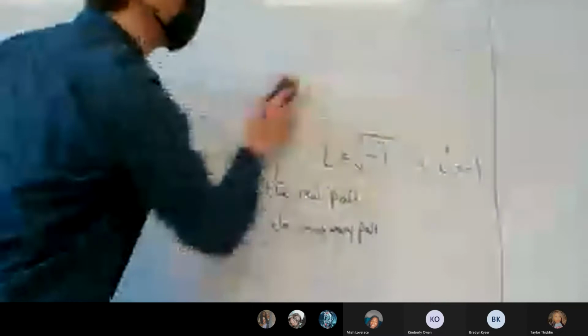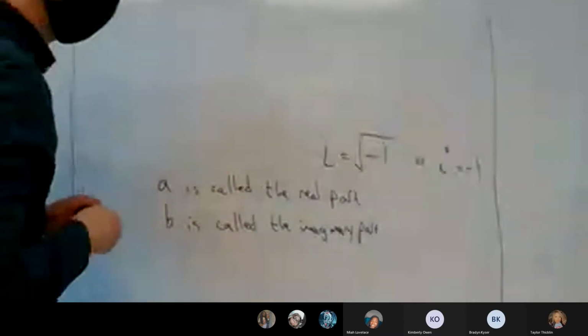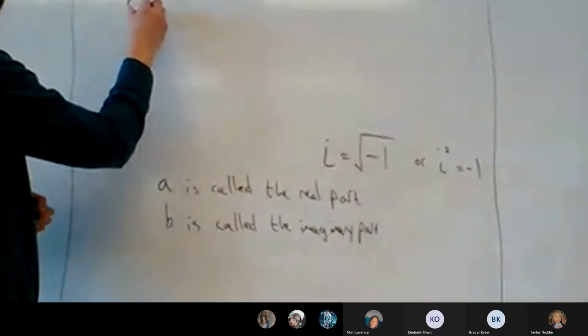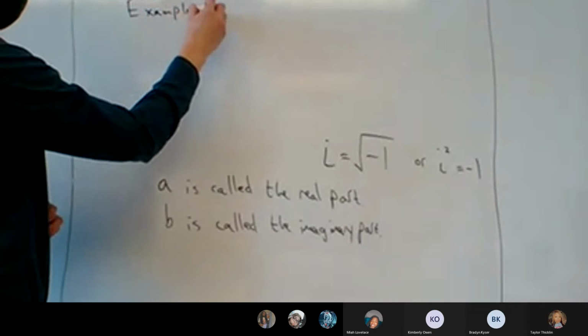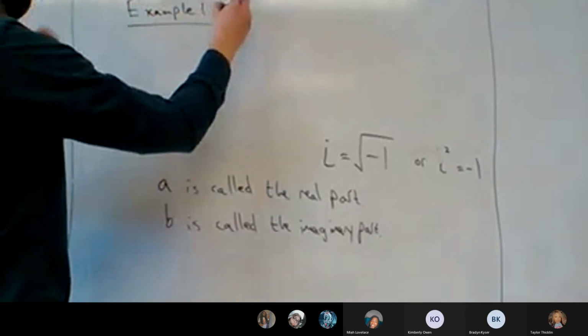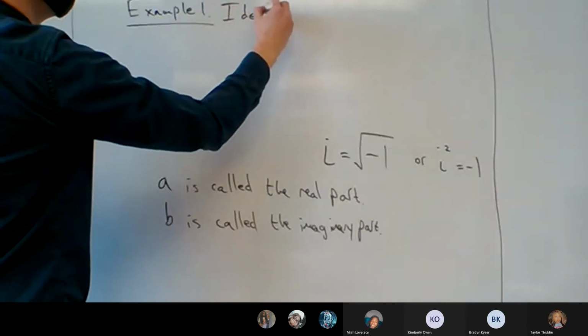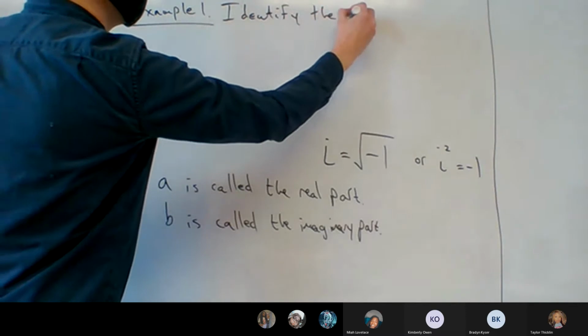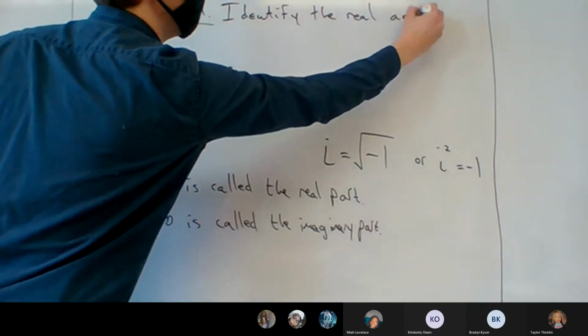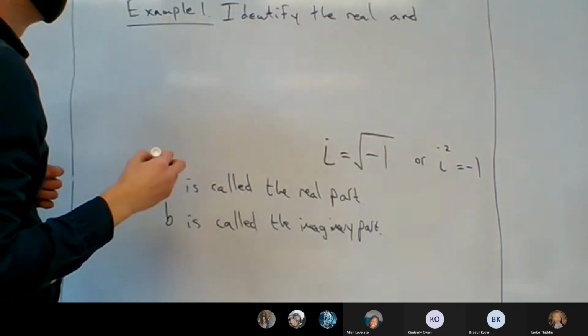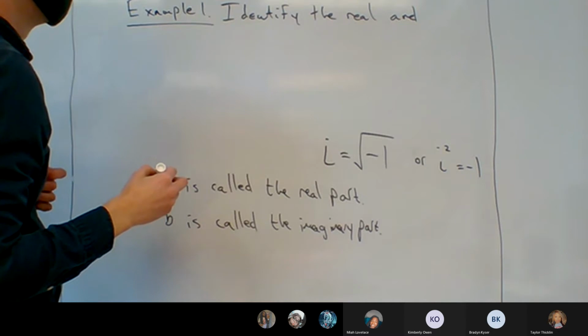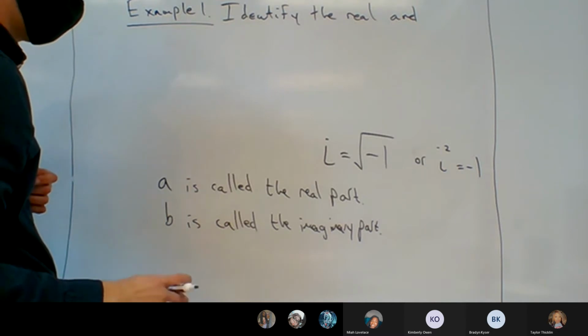So here's an example, just practicing using the form, just making sure we're comfortable with this. Example 1: identify the real and imaginary part of each.